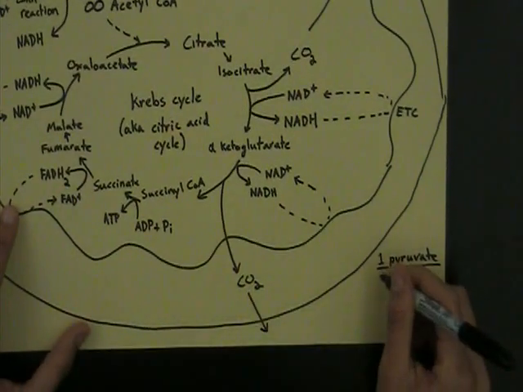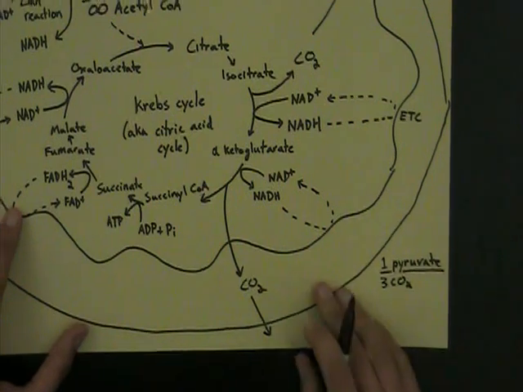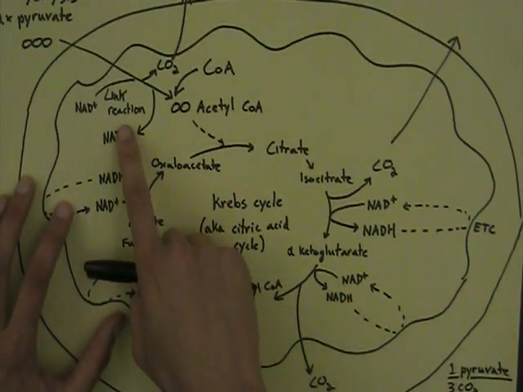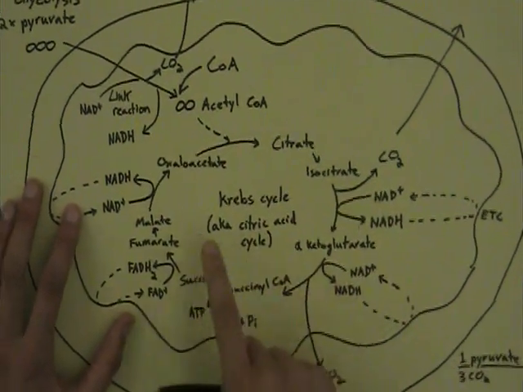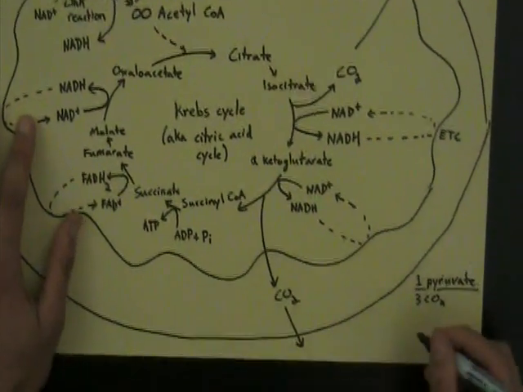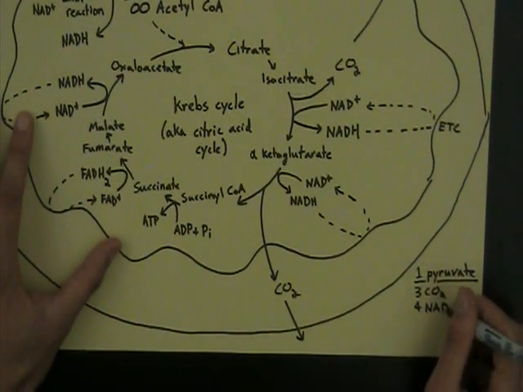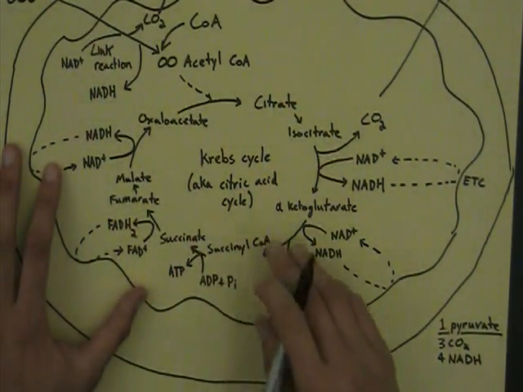So I'm going to write 3 CO2 are produced per pyruvate. Let's see what else. NADH. We've got 1, 2, 3, 4 being produced. One is from the link reaction, 3 are from the cycle.